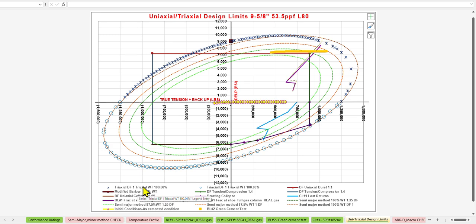Likewise, if you take, let's say, 100% in triaxial, it will roughly come down to 100% wall thickness calculated with the Barlow equation, uniaxial burst. Why? Because radial stress is small, although the value is still there, and also because of the thin wall assumption made by Barlow.